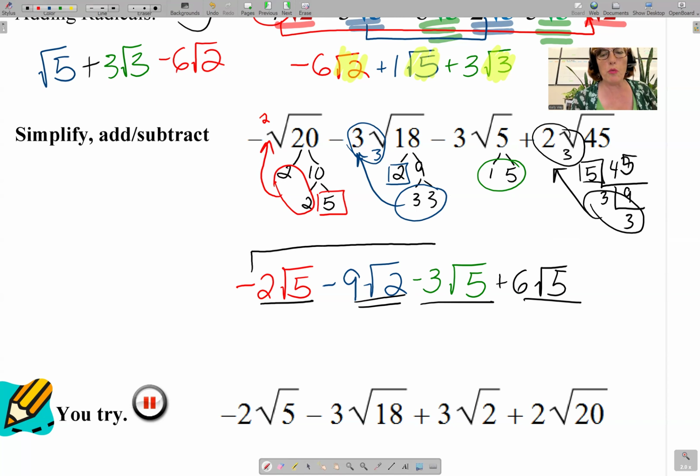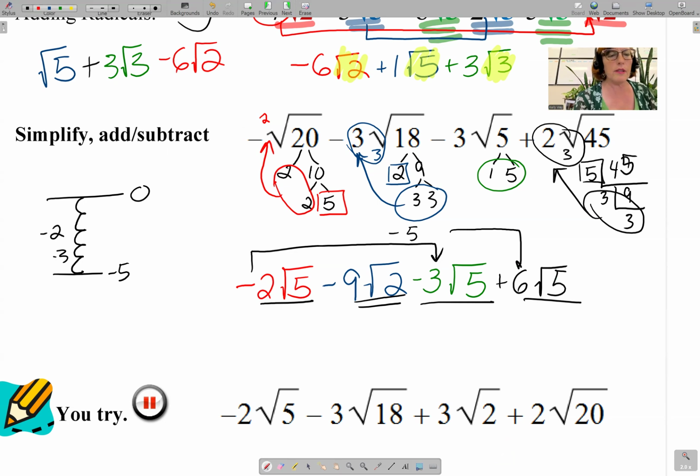Negative 2 minus 3. So if this is 0, negative 2 means I go down 2, minus 3 more, 1, 2, 3, and I'm going to be at negative 5. Then I add 6. So I go 6 back up this way, and I end up at positive 1.